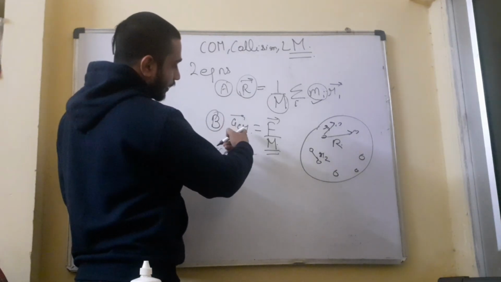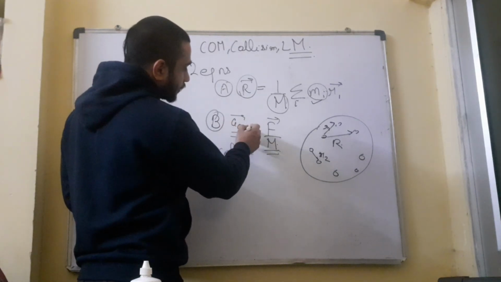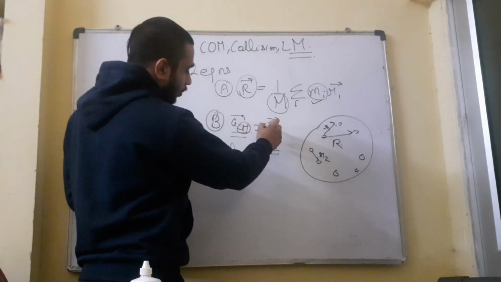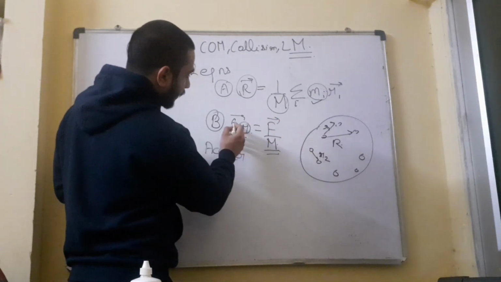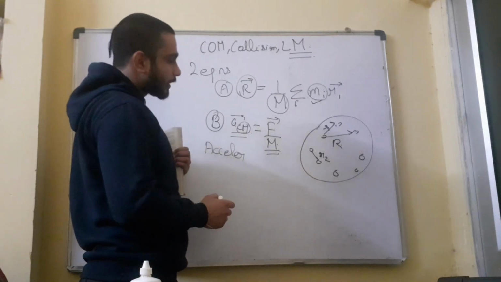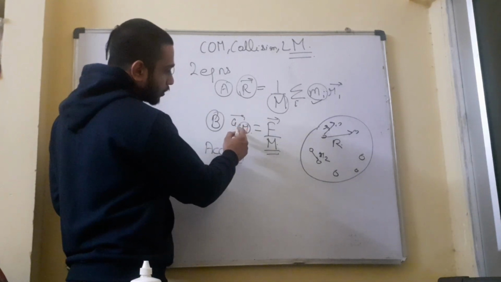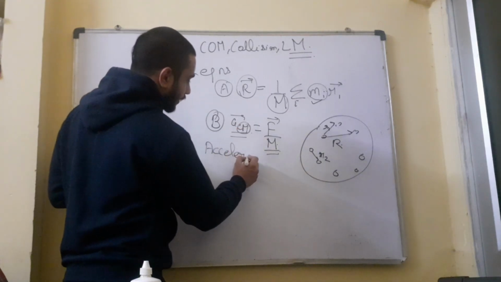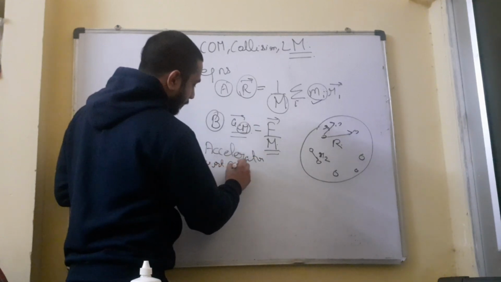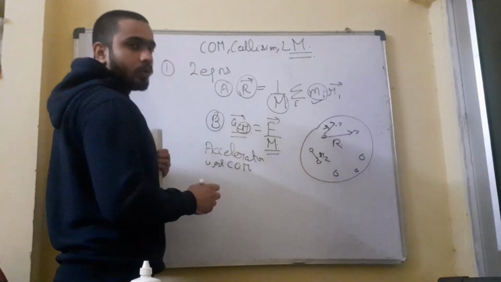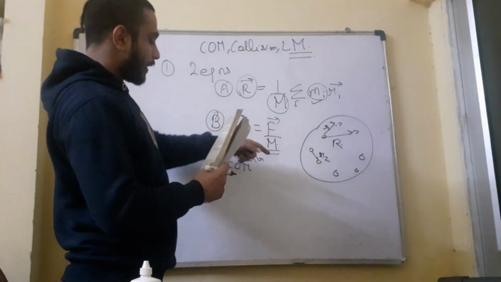So acceleration with respect to center of mass is equal to force upon total mass. So this A_CM is the acceleration with respect to the center of mass. This is how we denote it, capital F by M.